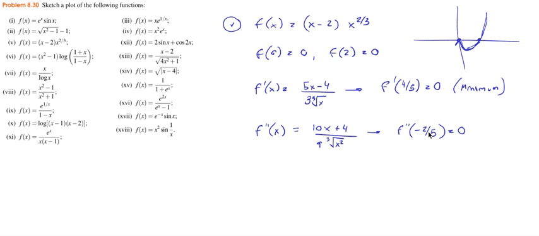Now when x is greater than minus 2/5 and smaller than 0, this is going to be positive, so this is going to be concave up until this point, minus 2 over 5, and then you have an inflection point here.